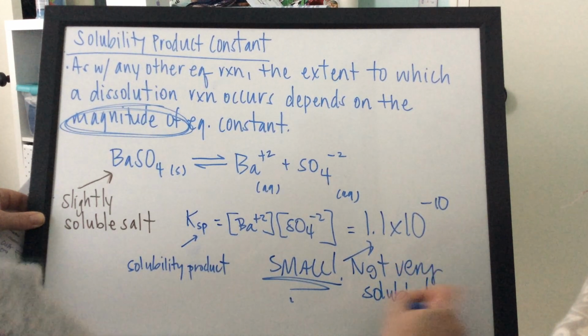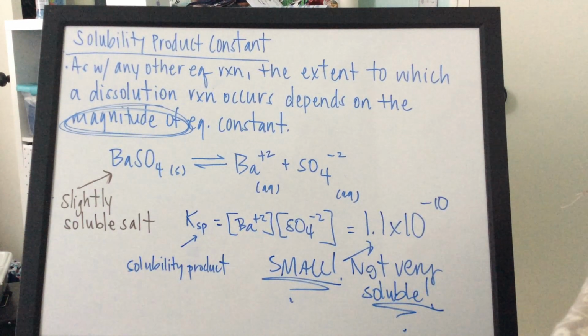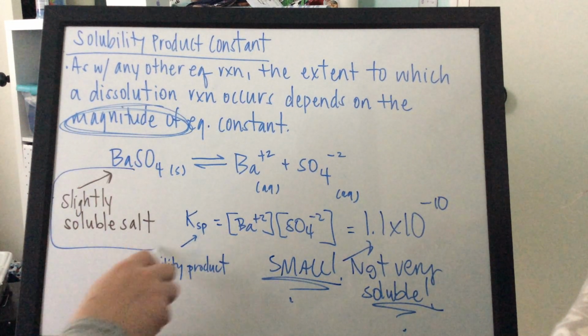Now, we already knew that. But what Ksp will allow us to do is to compare the solubilities among compounds, so we could rank them based on their Ksp value. The bigger the Ksp, the more soluble; the smaller the Ksp, the less soluble, generally speaking. Again, we're talking about slightly soluble salts.